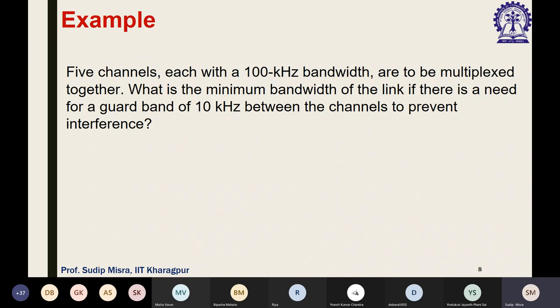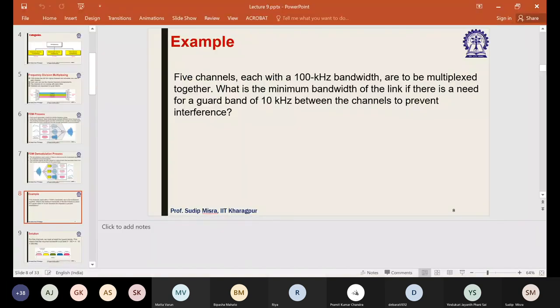Anyone who has done it already? 540 kilohertz. Your name, please. Srijan has written 540. Prakash, very good. Who else has done it? Pramit, Gaurav.